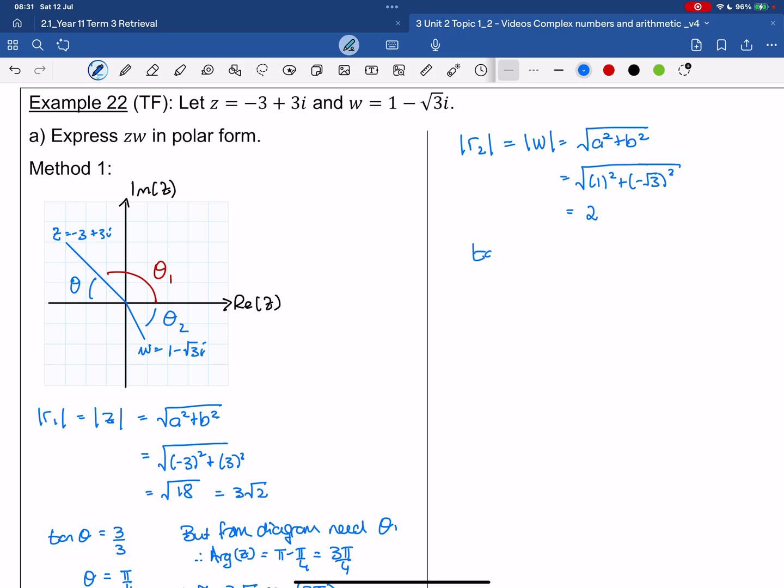And then I'm going to have tan of theta 2, which will be your y over your x, so it's going to be root 3 over 1.